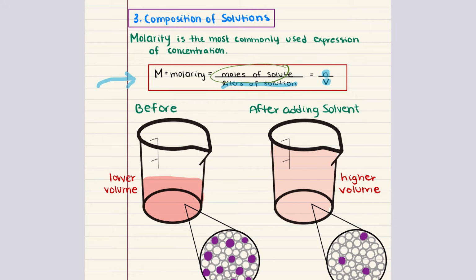Remember, molarity is the number of moles of solute per liter of solution, and it is the standard unit of concentration in chemistry. When a solution is diluted, the total amount of solute in moles remains constant. But what changes is the volume of the solution. It increases, resulting in a lower molarity.